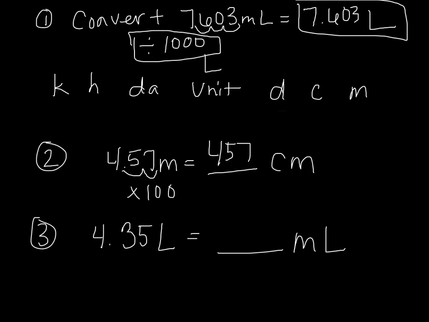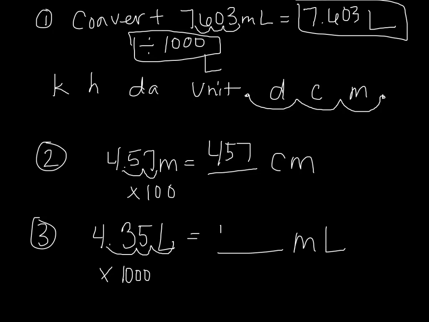Okay, so right now I'm at my unit, so I'm going to put my decimal point there, and I want to go to milliliters. So I jump 1, 2, 3 spots to the right. When I move to the right, I'm multiplying, so I'm multiplying by 1,000. Okay, so I'm going to go back to my original. I'm going to go 1, 2, 3.